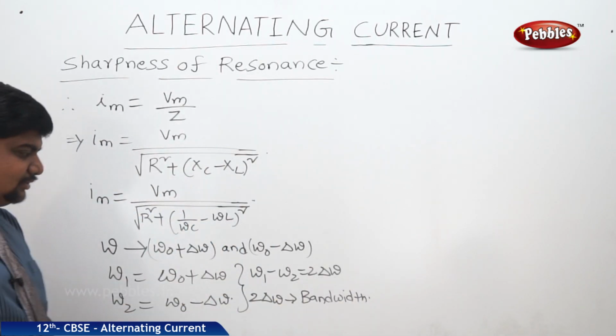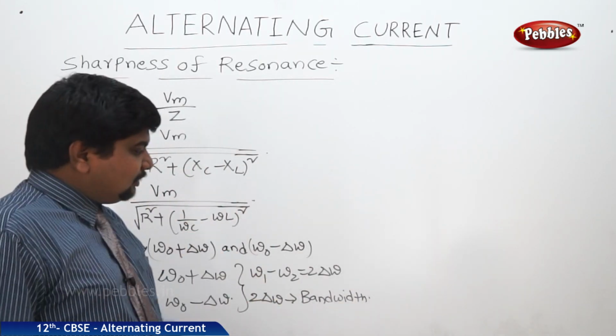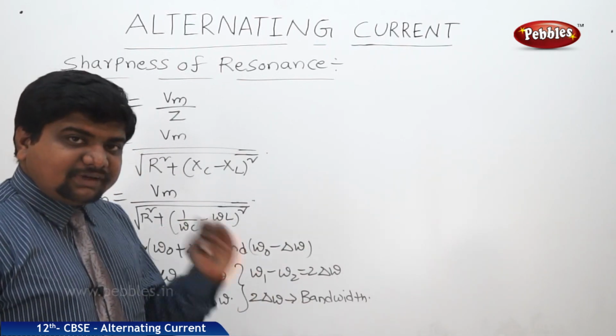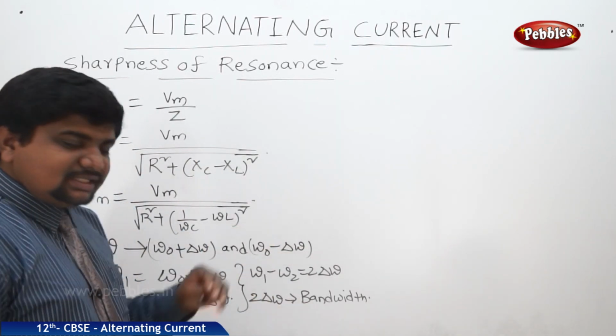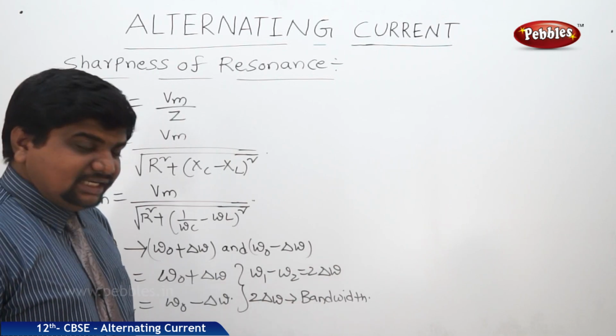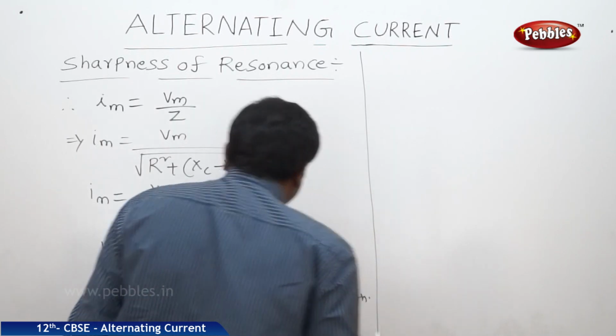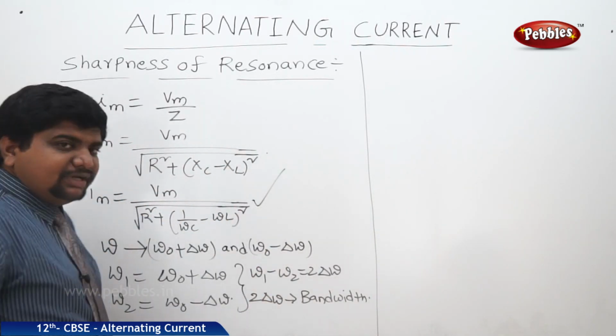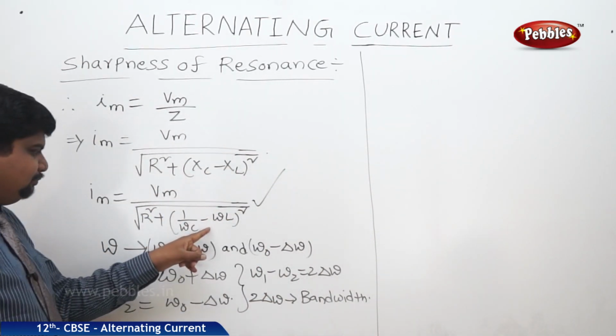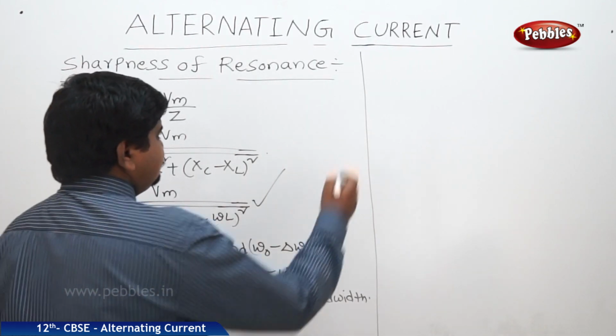This bandwidth gives the sharpness of resonance: from which value to which value the resonance effect will be maximum. That is the actual meaning of the bandwidth. Now I am substituting these omega 1 and omega 2 values in this equation, modifying it like this.